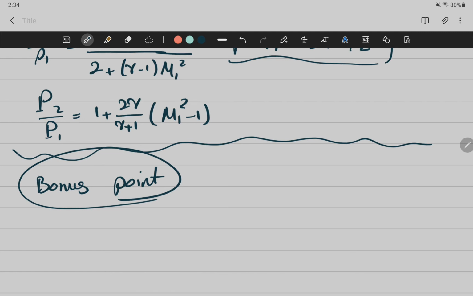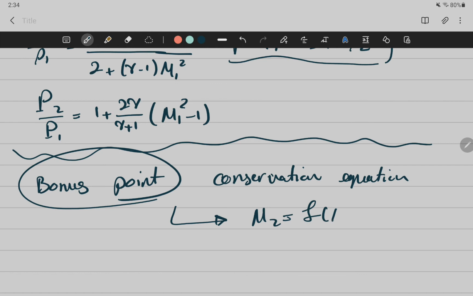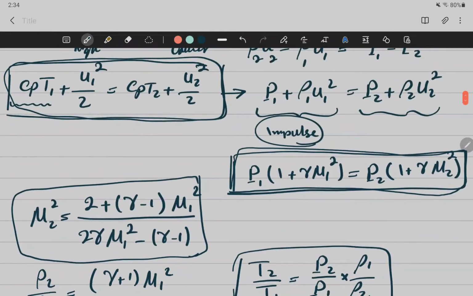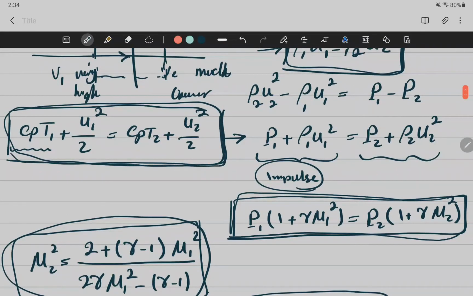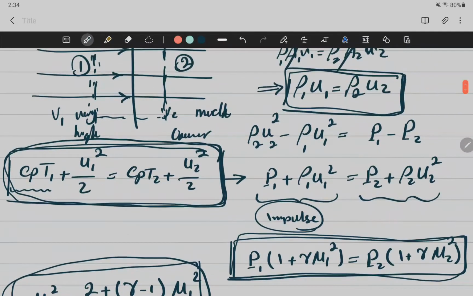If you start from the conservation equations, and get to the M2 equals a function of M1 equation, this equation. So start from these three equations, get to this.